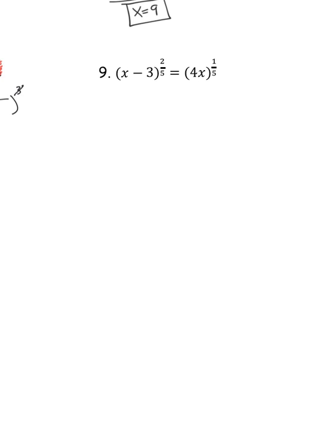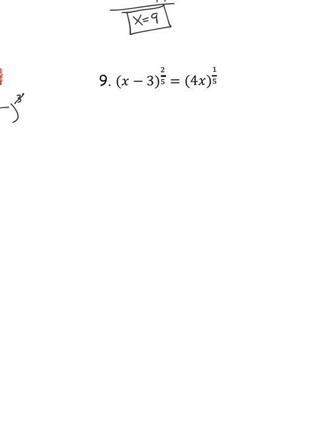So in this case, I can't use the same trick as before because the exponents are different. I can't really even multiply by the same reciprocal on both sides because on one side I'm going to have 5/2 and on one side I'm going to have 5/1. Notice between the 2/5 and the 1/5, the number that they have in common here is the 5 that's on the bottom.